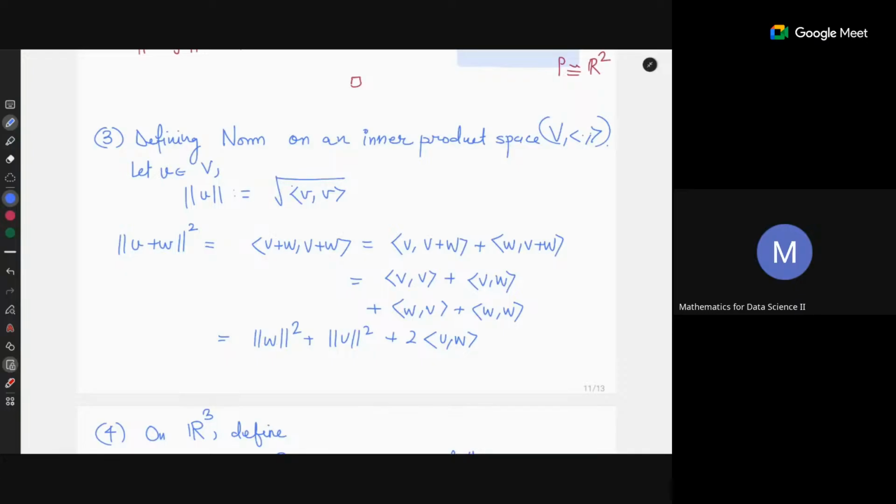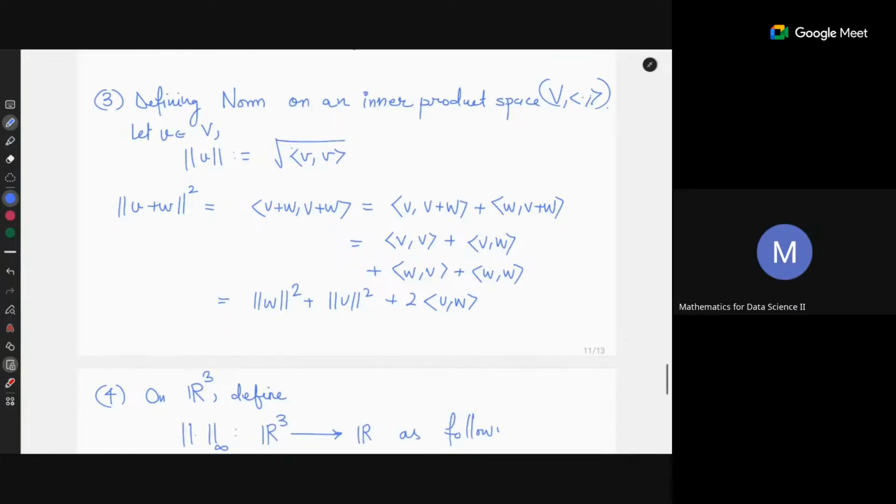But this quantity, yes, it is not quite direct to prove this triangle inequality.